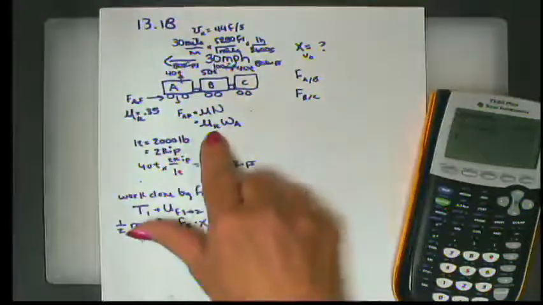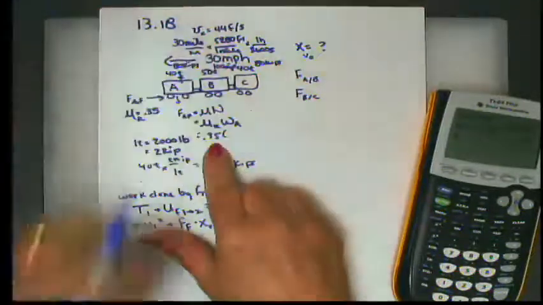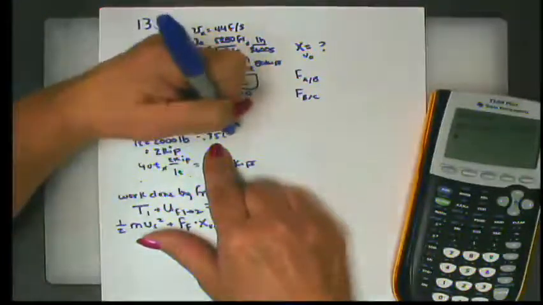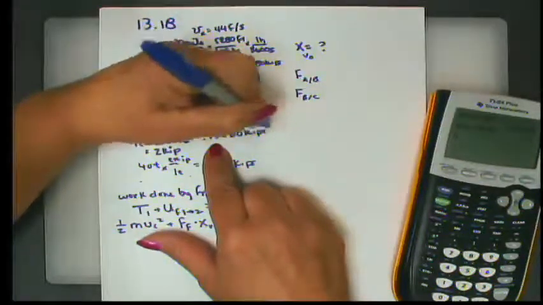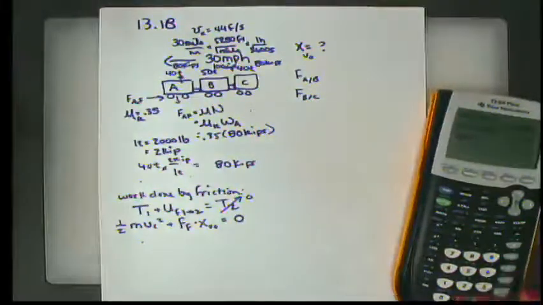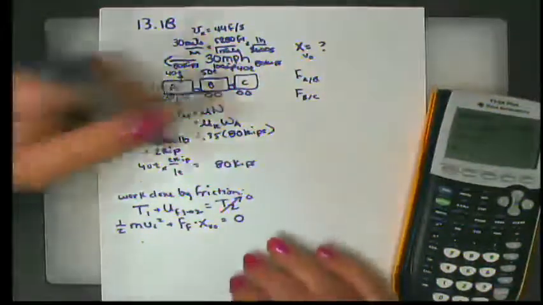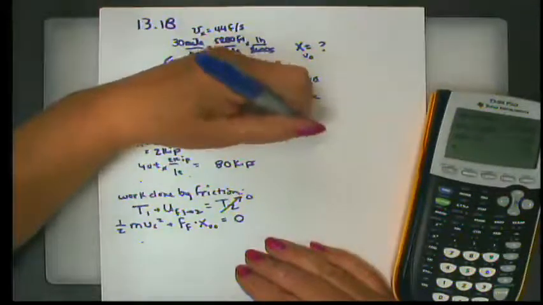Right? So if we think about it in that way, we could say it's equal to 0.35, which is that coefficient of kinetic friction, times the weight, which is 80 kips. And if we take 80 times 0.35, we get 28 kips.